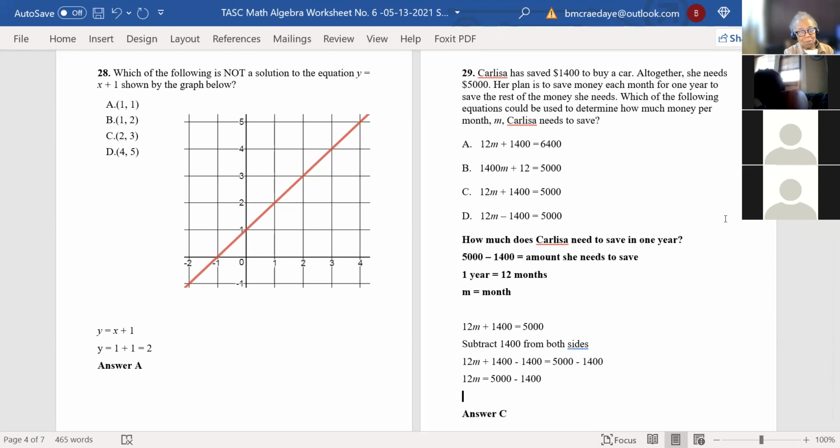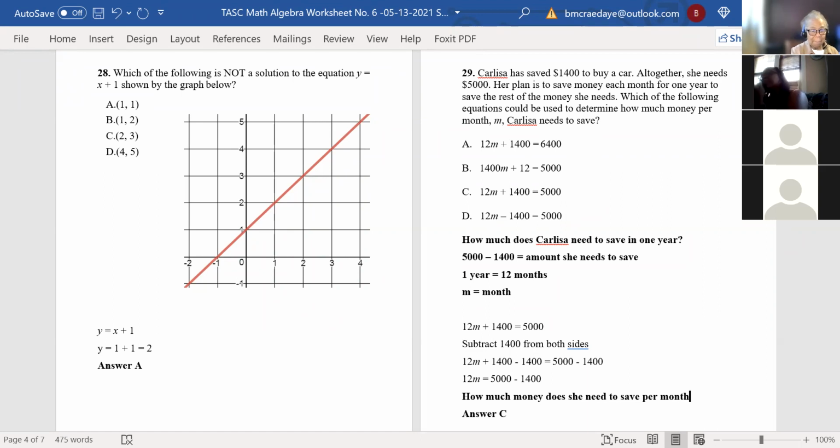How much does she need to save per month?